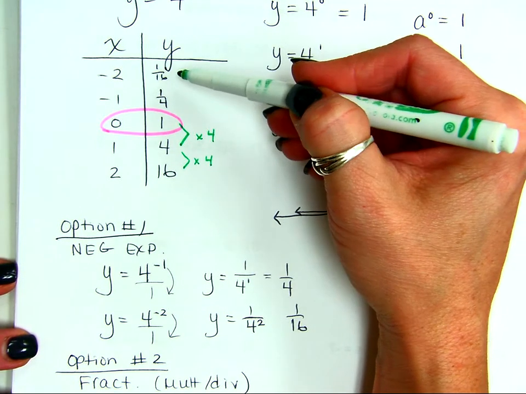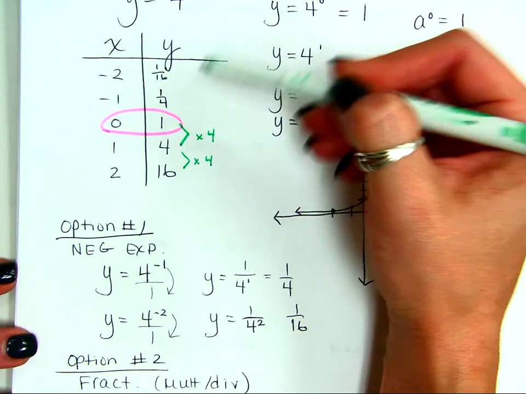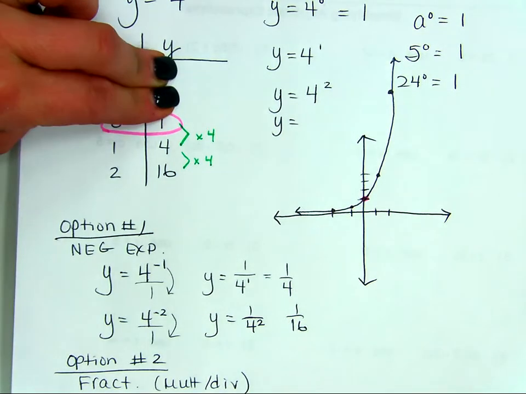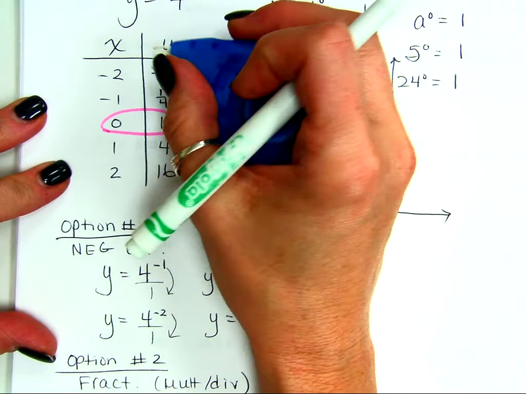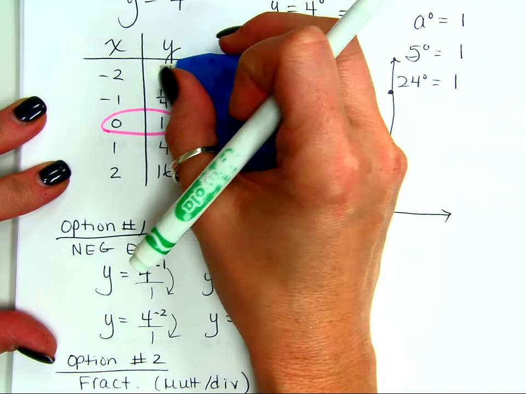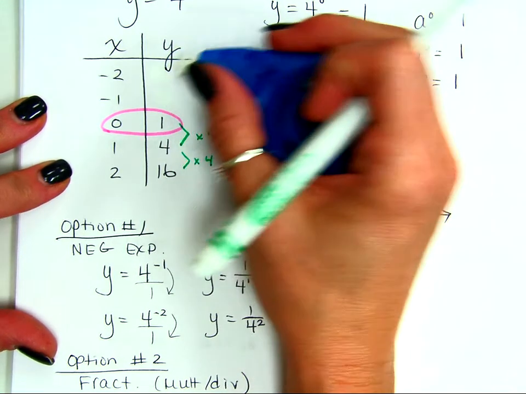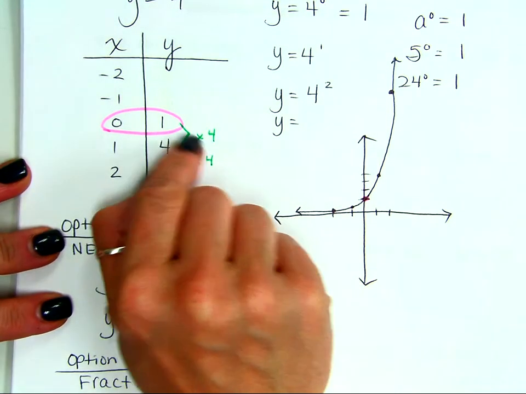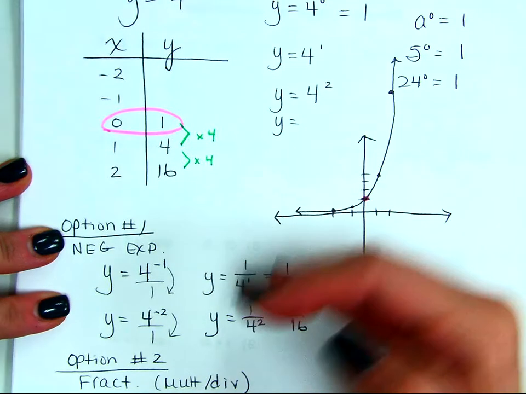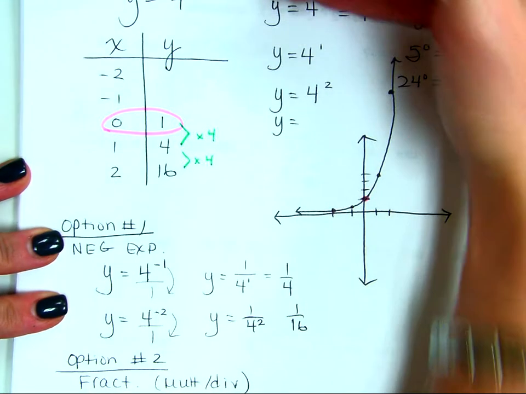So this number times this number, we're going to kind of pretend like those two numbers aren't there right now. So let's say that I didn't just find out that that was 1/16, and I didn't just use negative exponents to find out that that was 1/4. Let's just use some division. Well, if I'm multiplying by 4 going this way, to work backwards in my pattern I'm going to divide by 4.